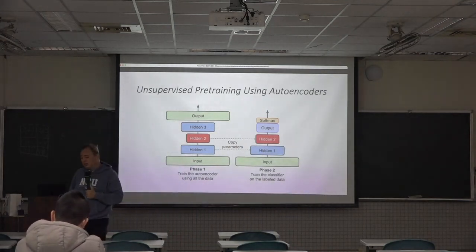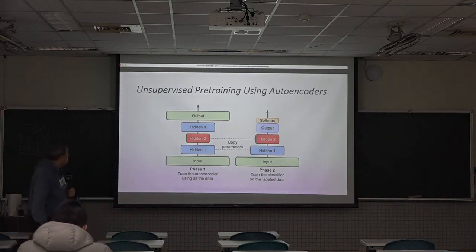We talked about unsupervised pre-training in chapter 11, if I remember correctly. But at that time, I couldn't talk a lot about how to do that, because we hadn't really talked about the concept of autoencoder.